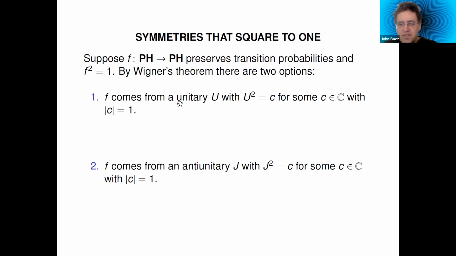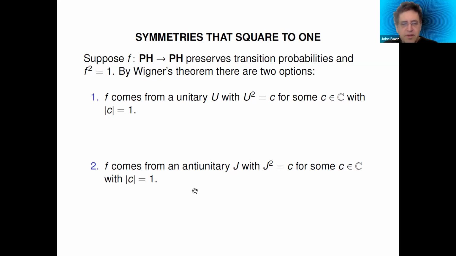Those are the only options. Because the map on projective space squares to the identity, the unitary or anti-unitary has to square to a phase. It doesn't need to square to the identity, because a phase acts as the identity on the projective space.